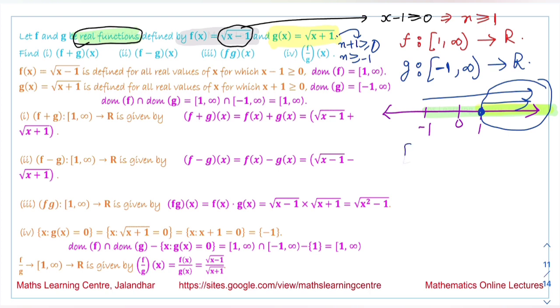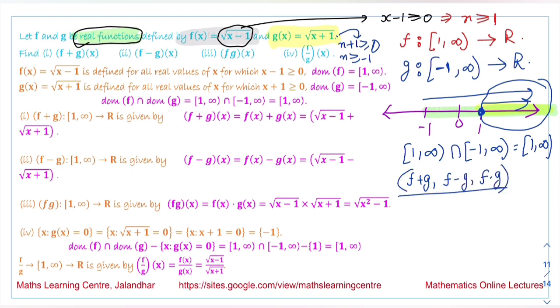So the intersection of the interval 1 to infinity with the interval minus 1 to infinity is equal to 1 to infinity. So f plus g, f minus g and f into g, all these functions have the domain closed interval 1 to infinity, closed at 1.